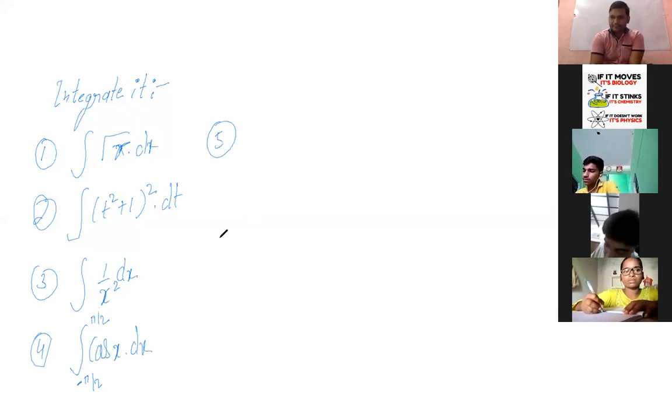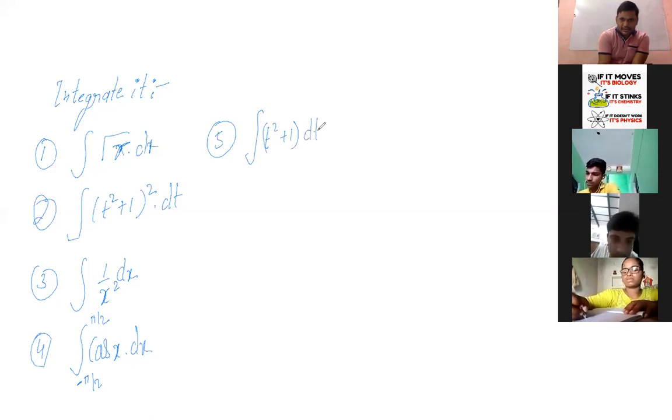And the fifth is the integration of t squared plus 1 dt with the limit from 0 to 4.